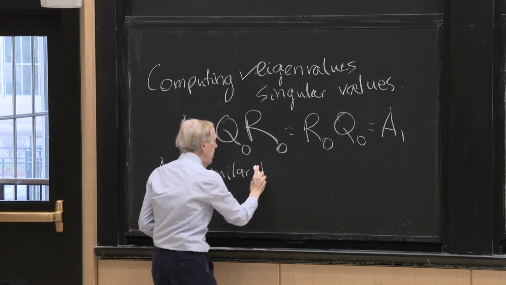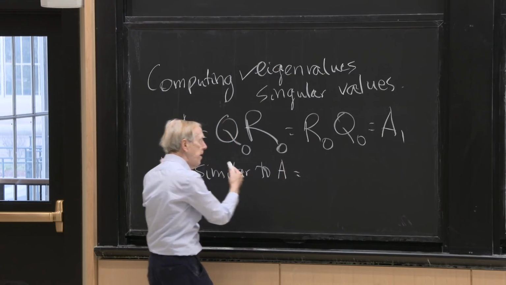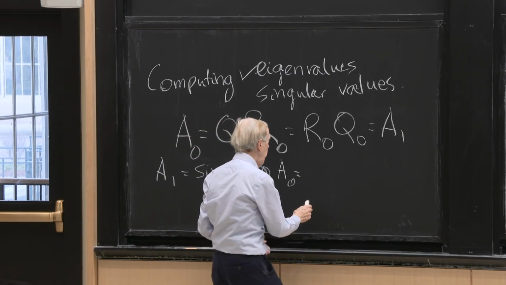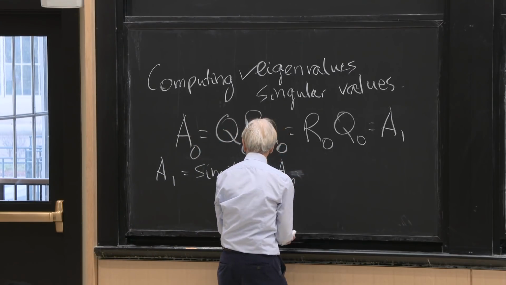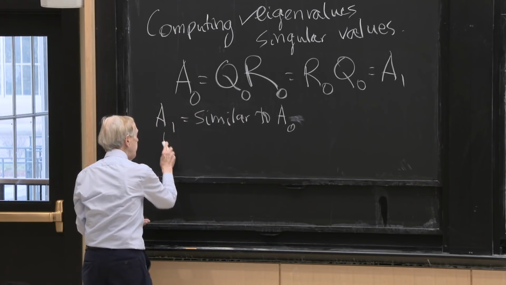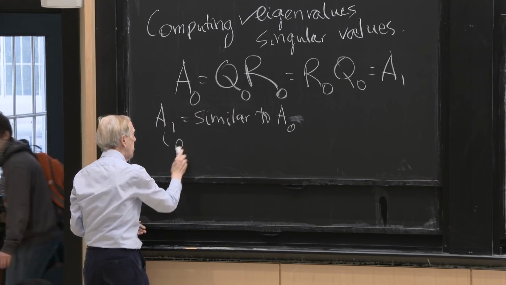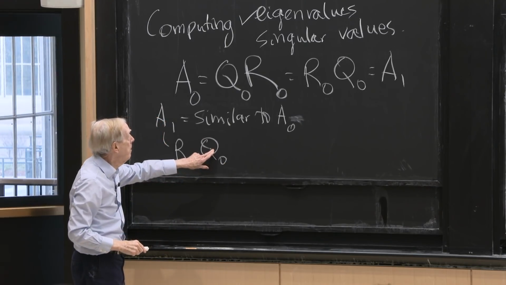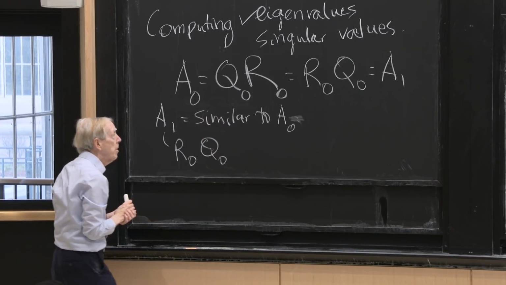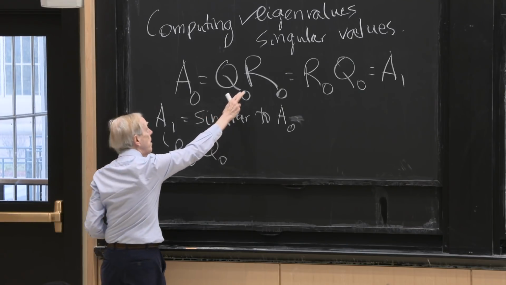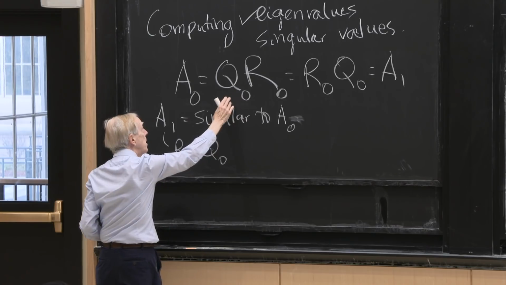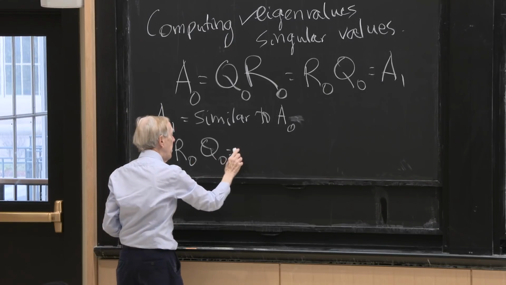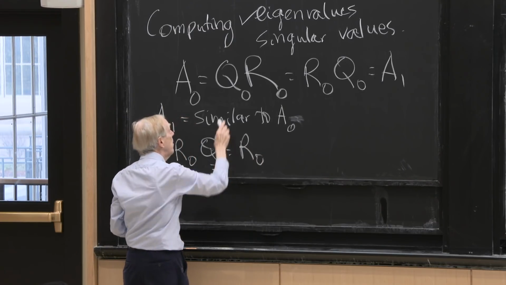So we just have to get A1 to A0. So here's A1. Okay. So A1, I want to show that that's right. So that's R0 Q0. But what is Q0? From here, Q0 is, what do I want? I want to put R0 inverse over there. So for Q0, I'm going to substitute.